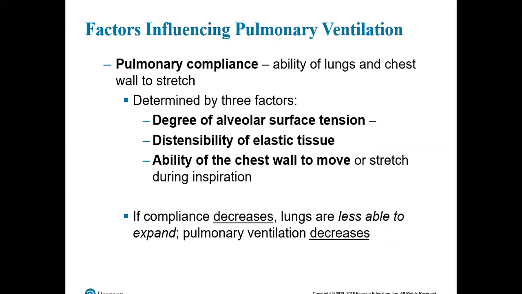One is the degree of how much surface tension you have. Again, if you have too much surface tension, it's going to be difficult to stretch out your lungs. Another is how stretchable, or technically it's called distensibility, how elastic your elastic tissue is inside of your lungs. If you lose some of that elasticity inside of your lungs, it's going to be difficult to stretch out your lungs. It's going to be difficult to take a deep breath.